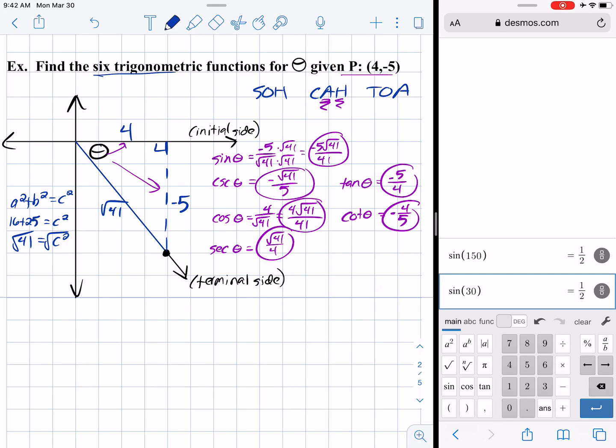Okay, so hopefully we are able to notice a relationship here from the points that are plotted in angles in standard position.